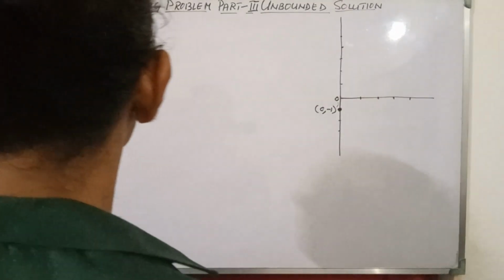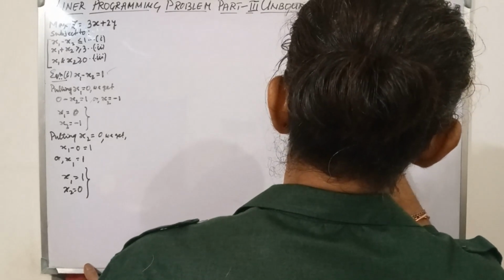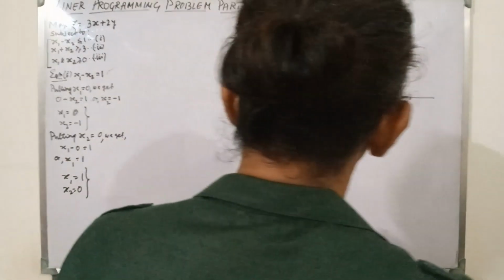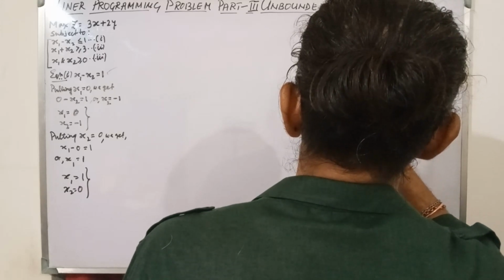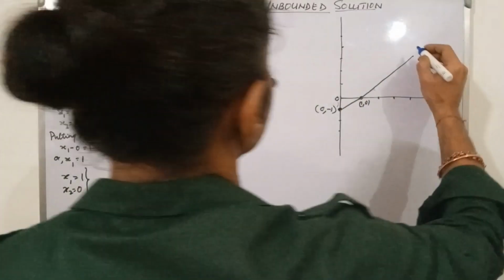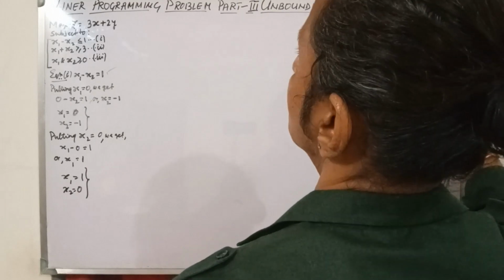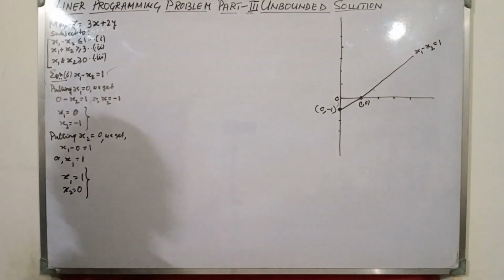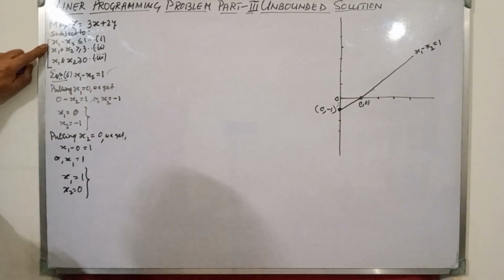Another coordinate is 1, 0. It is here. We join these 2 points by a straight line. So this is x1 minus x2 is equal to 1, that is equation number 1. The equation of this straight line is x1 minus x2 is equal to 1.